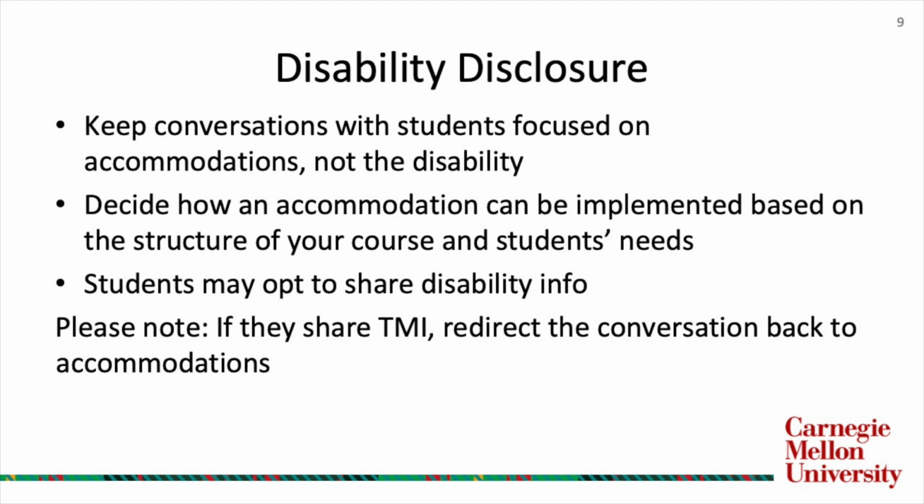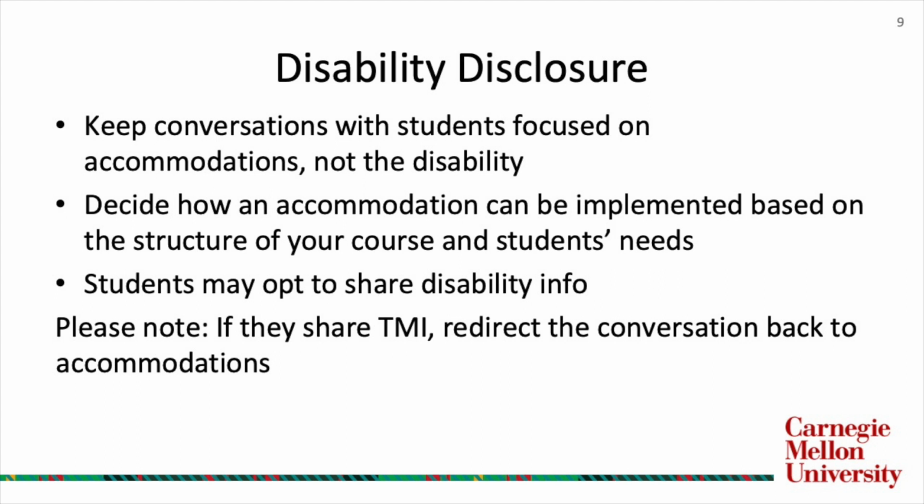And if you're deciding on how an accommodation can be implemented, that's really going to be based on the structure of your course and the student's particular needs around that. It's not going to be based on the disability specifically.